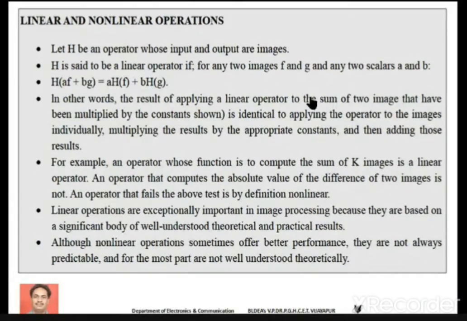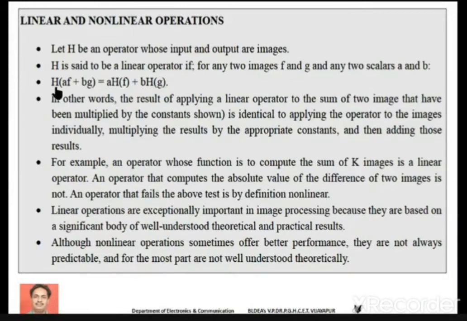Okay. Now, the equation is like this. H of (AF plus BG) equals A times H of F plus B times H of G, right?